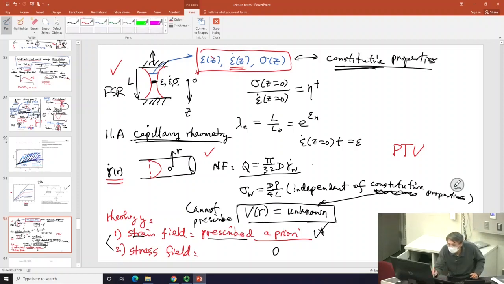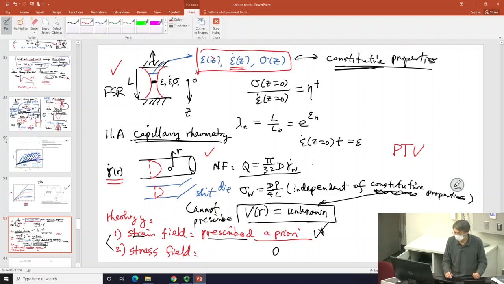Well, let me tell you, you don't have to use a capillary. You can use a so-called slit die. You get the same story, that this field will be parabolic-like.